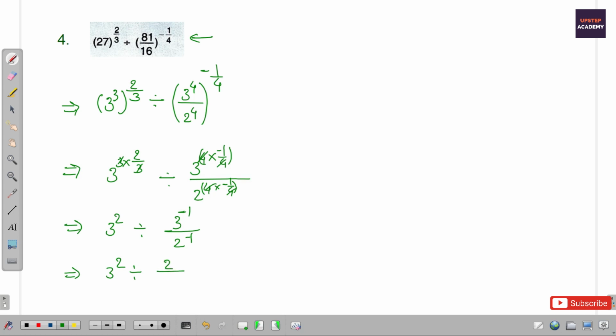So 2 divided by 3 I can write, and again I have to do one thing: 3^2 into 3 upon 2, because I have changed this division sign into a multiplication sign. So again the denominator will come to the numerator and the numerator will go to the denominator. So 3 to the power 2 is 9, 9 into 3 is 27 upon 2, which is the final answer.